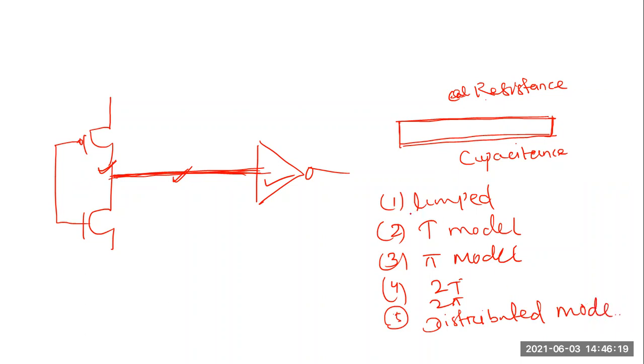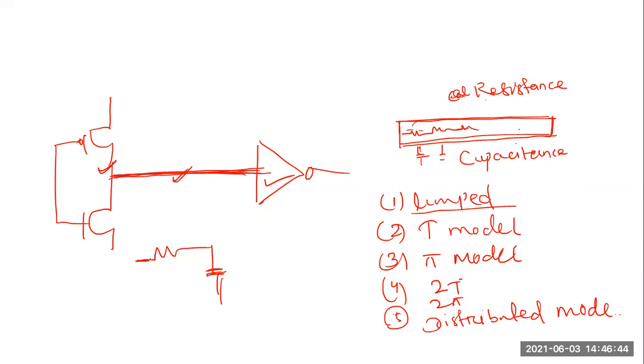The lumped model we have discussed: whatever the resistances and capacitances, we make one resistance and one capacitance. The resistance is the addition of all resistances, and the capacitances are all in parallel, so it is the addition of all capacitances.